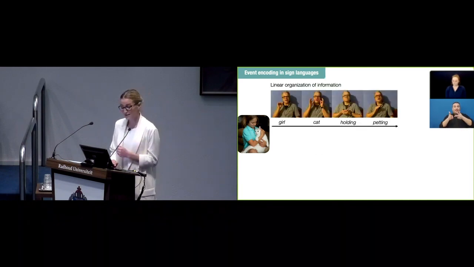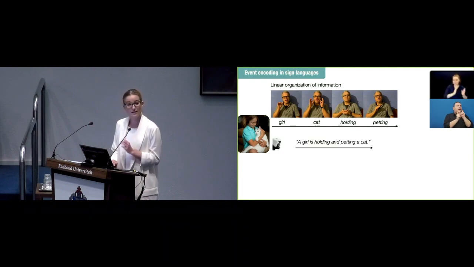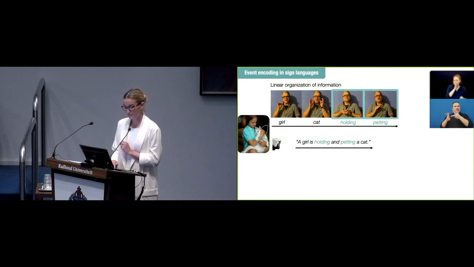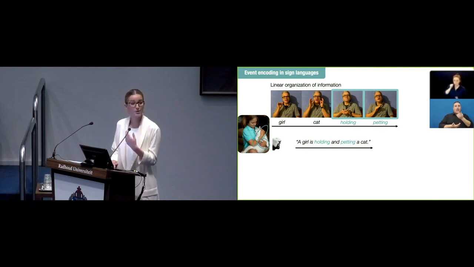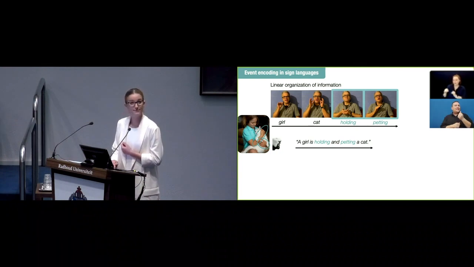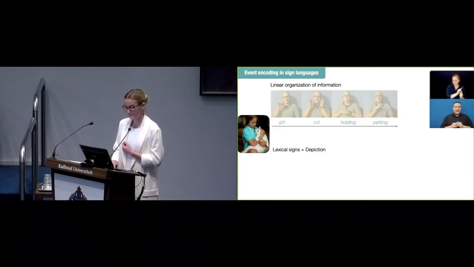When using lexical signs, they are arranged one by one, similarly to how words are arranged in speech. In these examples, we see that although both actions of the girl, holding and petting, are perceptually simultaneous, in English and in LIS in this example, they are expressed individually in a linear manner.